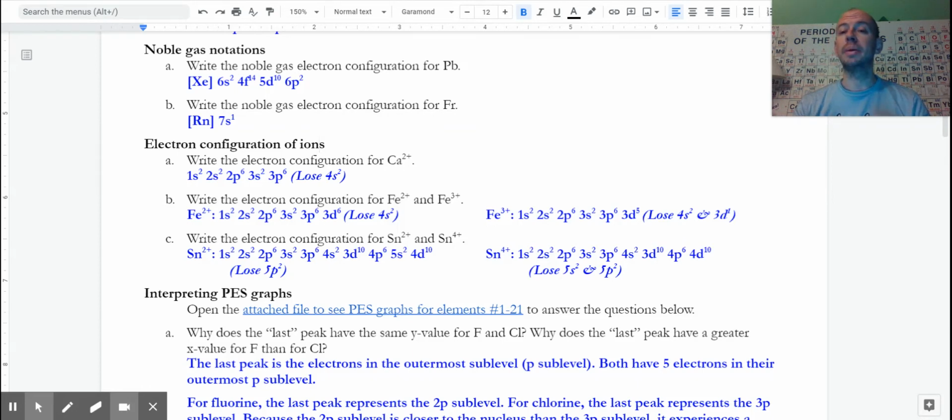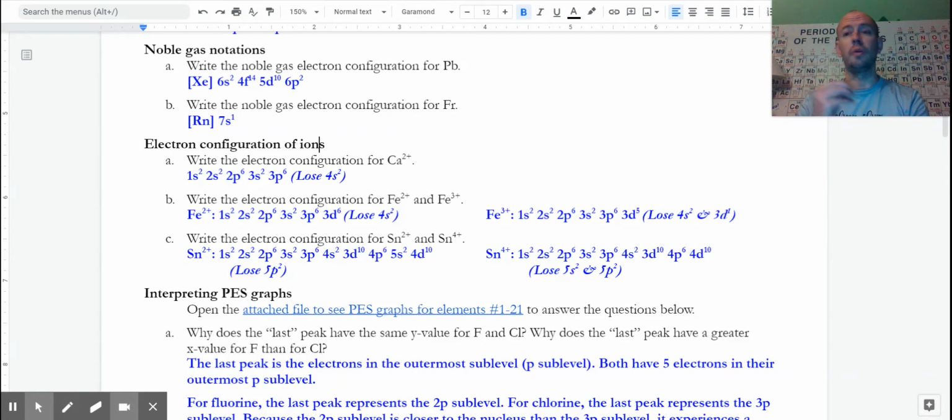For iron, before it lost any electrons, it had 1s, 2s, 2p, 3s, 3p, 4s, then 3d. Yes, the d fills after the 4s, but because the 4s are at level 4, a higher level, a higher average distance, and there are lots of different technical terms we can use to talk about the location of electrons, but really we're just thinking the highest level here.